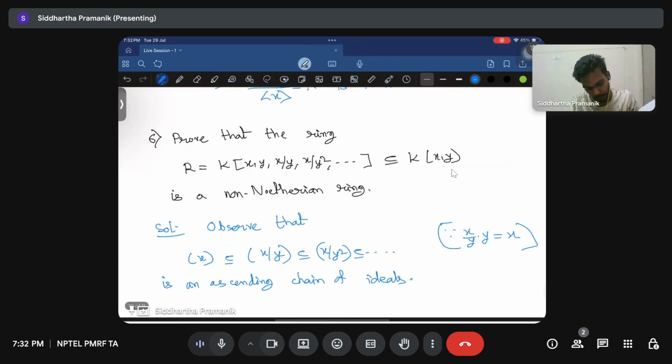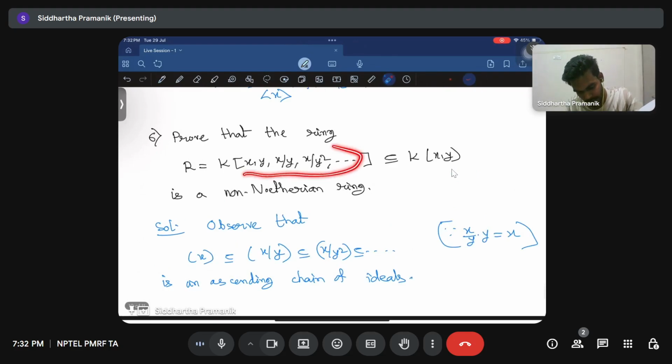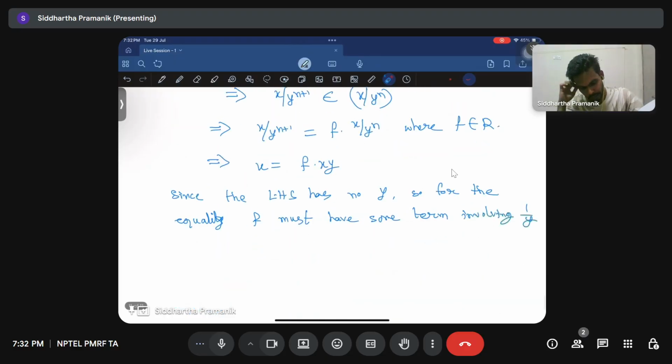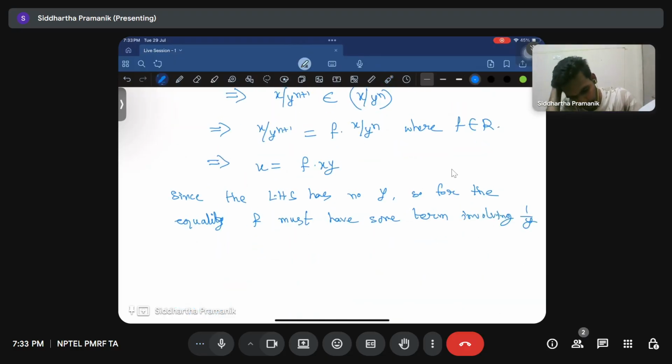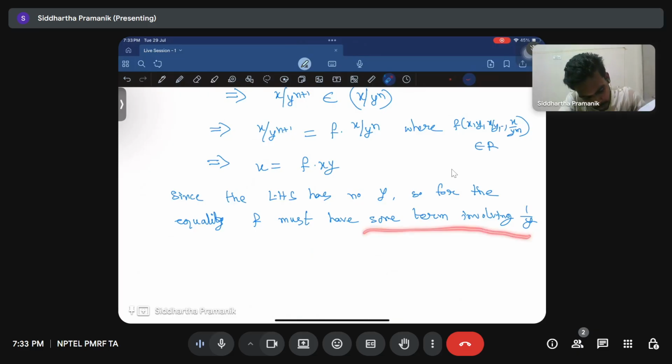So f is a polynomial in x/y, ..., x/yᵐ, which belong to R. Because a polynomial involves only finitely many variables, we are taking just m. So it must involve some term which involves 1/y. But the only variables which involve 1/y also involve x.